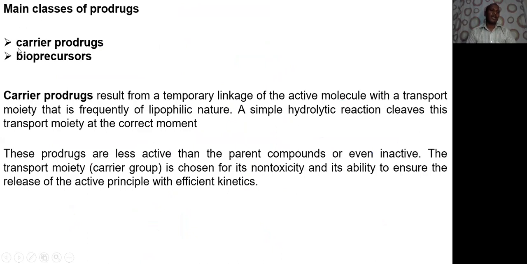We have seen the main classes of prodrugs. One is the carrier prodrug, another is the bioprecursor prodrug. In carrier prodrugs we have a carrier moiety, which generally imparts lipophilicity to the parent molecule.